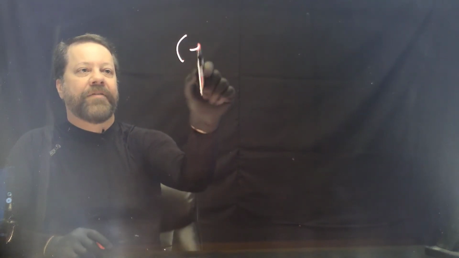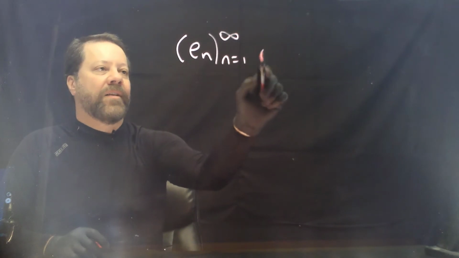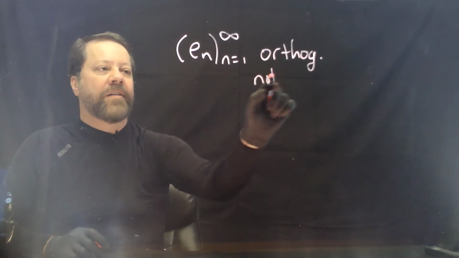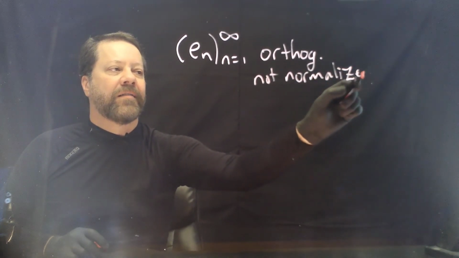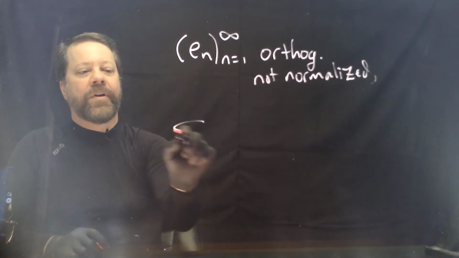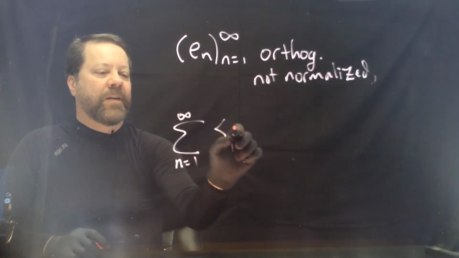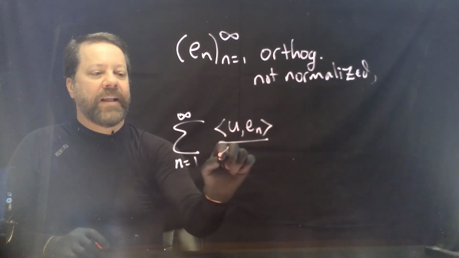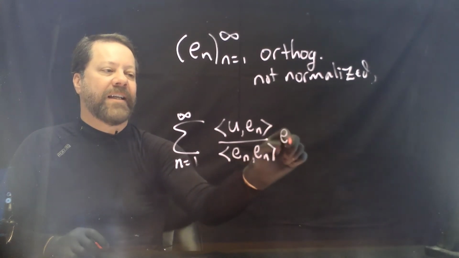A simpler way to view this, however, is that if En is orthogonal and not normalized, then the Fourier series is the inner product of u with En over the inner product of En with En, all times En.